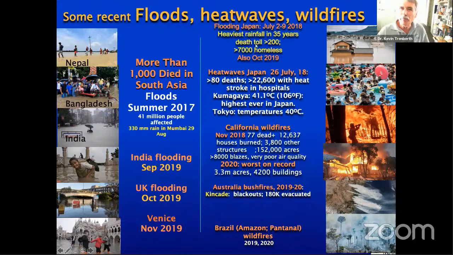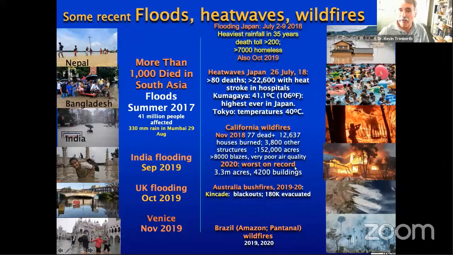In Japan, I put this up in particular because in July of 2018, there was major flooding, tremendous damage. And then in the same month, they got to over 40 degrees, record-breaking heat waves in the same month, two extremes in the same month. And of course, in California in 2018, it was a record-breaking year with all kinds of damage caused by wildfires.